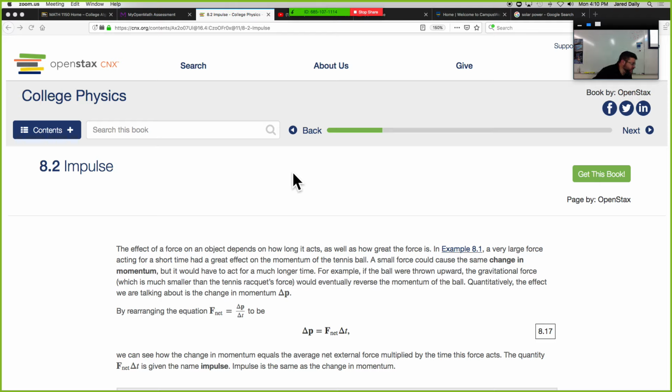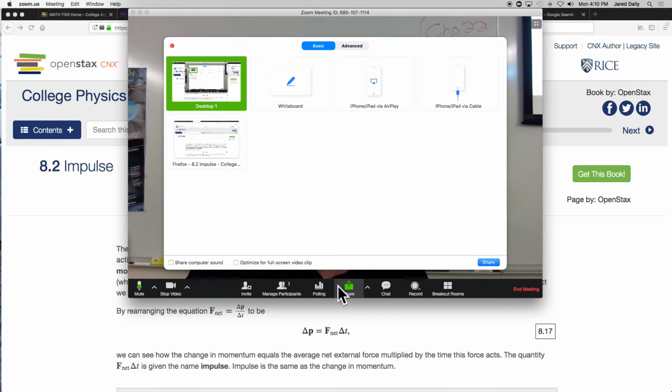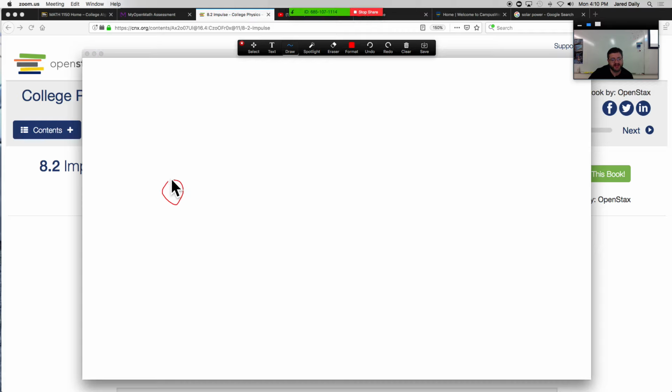So in our system of these two balls rolling towards each other, one of them has a momentum in one direction, the other one has a momentum in the exact opposite direction, but their momentums are essentially equal and opposite if they have the same mass and same velocity. So this one's momentum might be an arrow that long. This one's arrow would be the same length, but in the opposite direction.